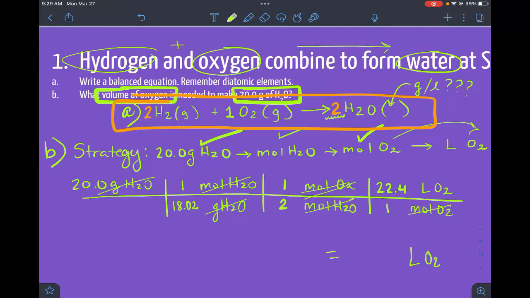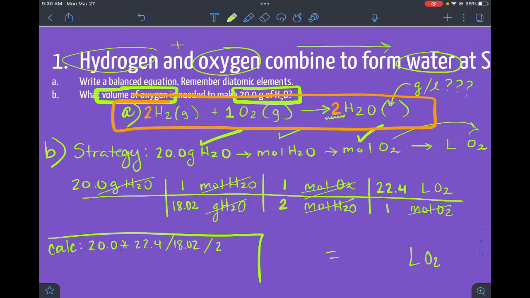All right, so the math here, remember we multiply across the top and divide by the bottom. I'm just going to put a little note here that this is what you would actually type in your calculator. If you know how, go ahead and pause the video and calculate it. So it's going to be the numbers across the top multiplied, so 20.0 times 22.4, and then we divide by the numbers on the bottom, divided by 18.02 and divided by 2.